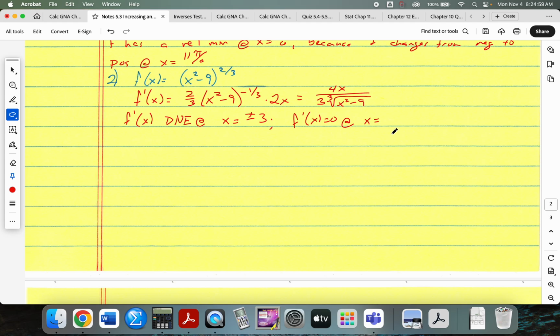This is not a trick question. At 0. Right? We got to make the numerator 0. So those are my 3 critical points.